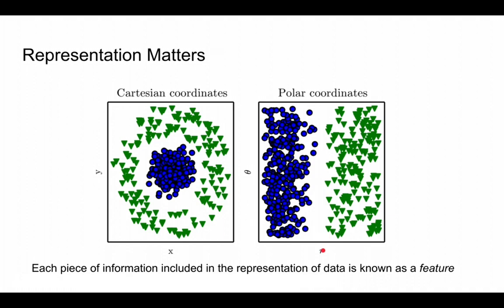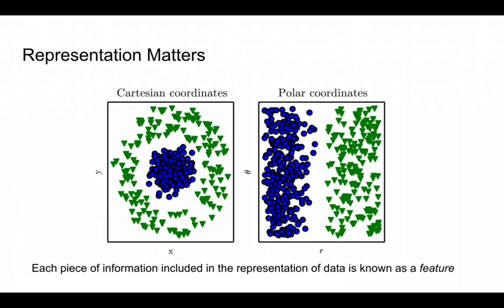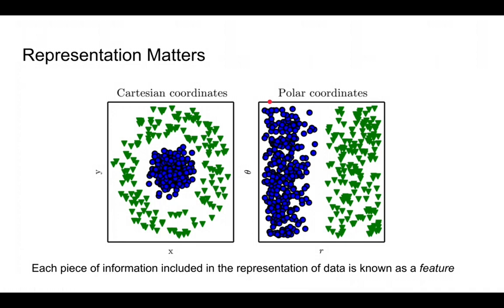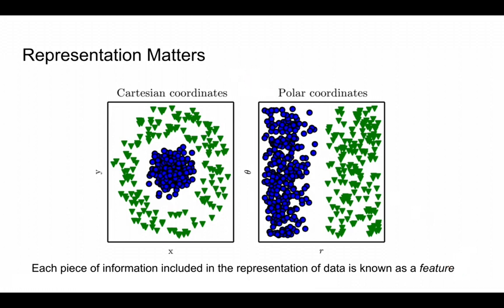In the polar coordinates, we can use a linear line to easily separate the two groups of data. The process of such mapping is the key to the success of machine learning algorithms. When we look at the data, each piece of information included in the representation is known as a feature. The extraction of features is critical for machine learning development.